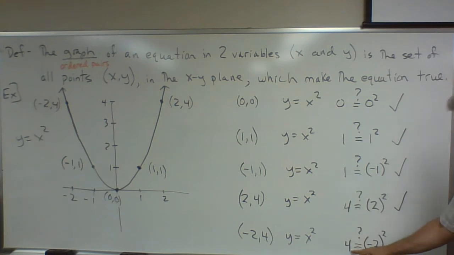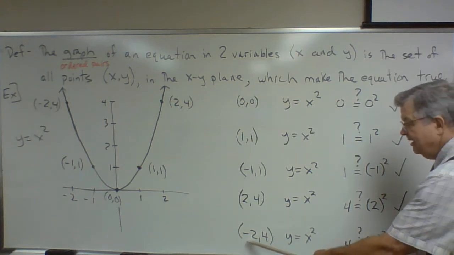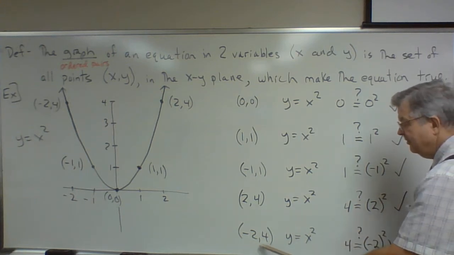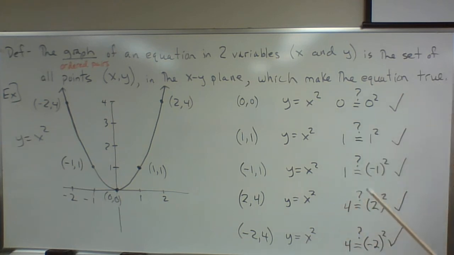Is it true that 4 equals -2 squared? It sure is. So the ordered pair -2, +4 is a solution of the equation y equals x squared.